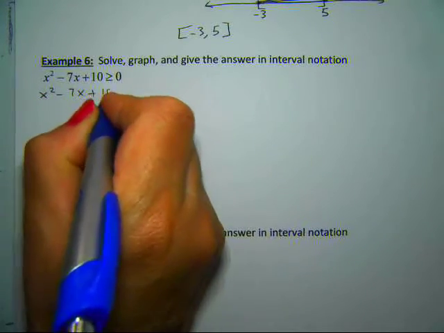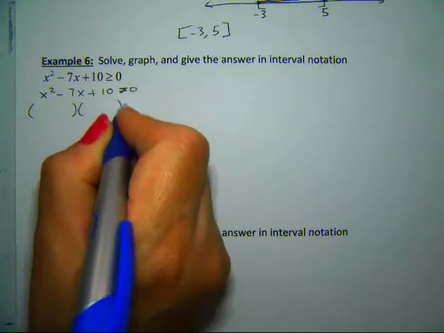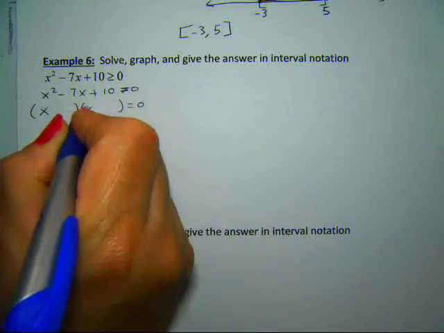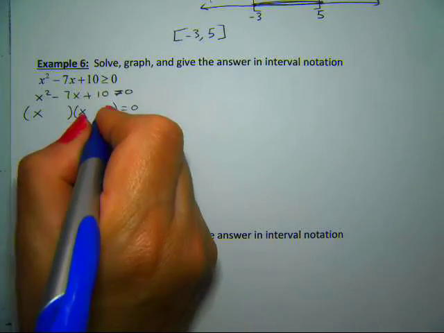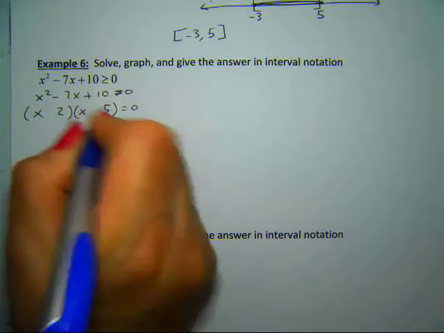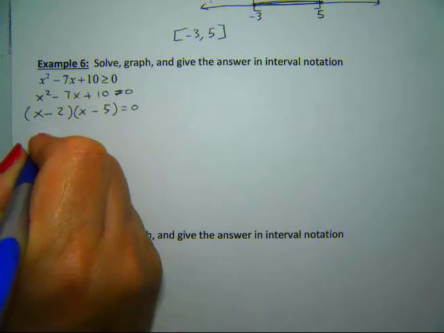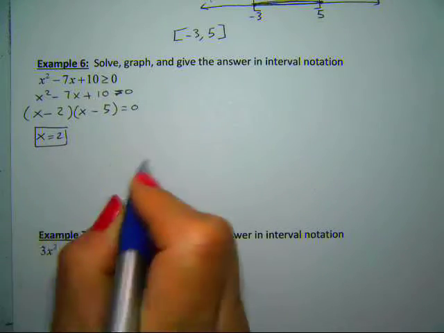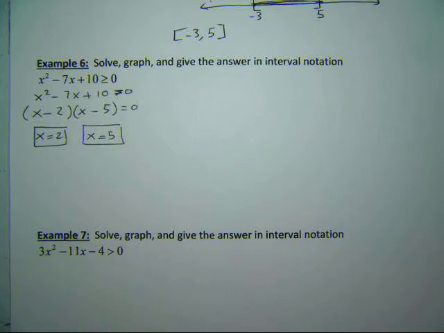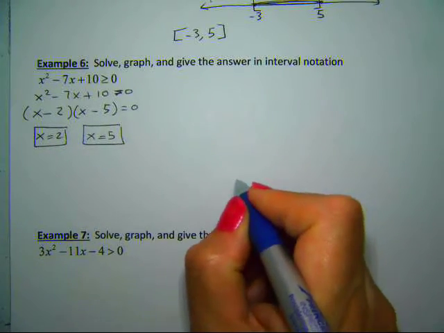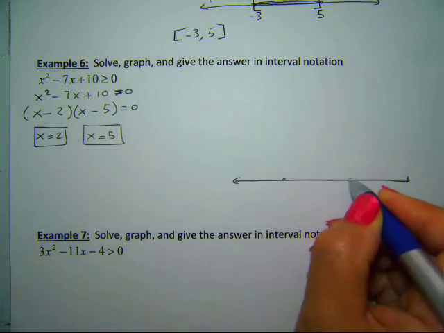Let's try to solve the equation first to find the values. 10 is 5 times 2, both negative, which adds up to 7x. Okay, wonderful.